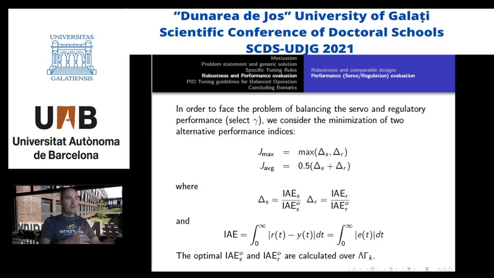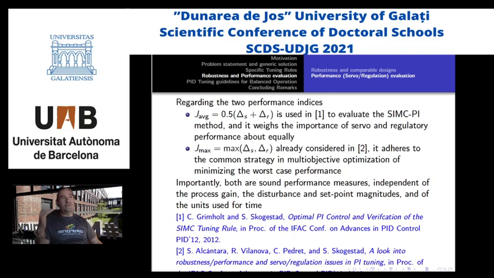Okay, then as you move over all the set, you get balancing both of them, and then you consider what is the maximum degradation or what is the average degradation. Okay, so it's a min-max design or an average design. These two weights, we will approach both of them at the same time, and we use both because we found them in the literature.